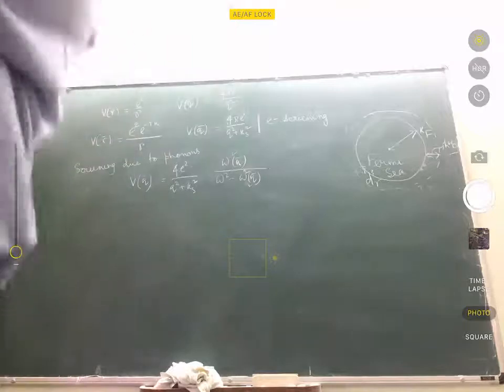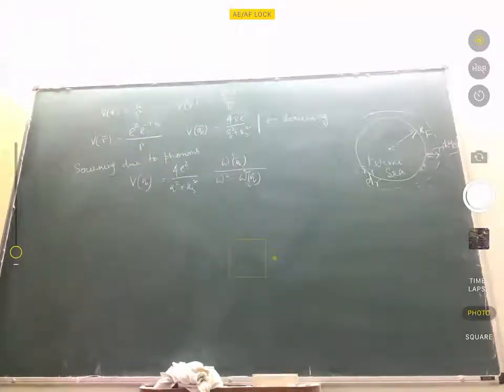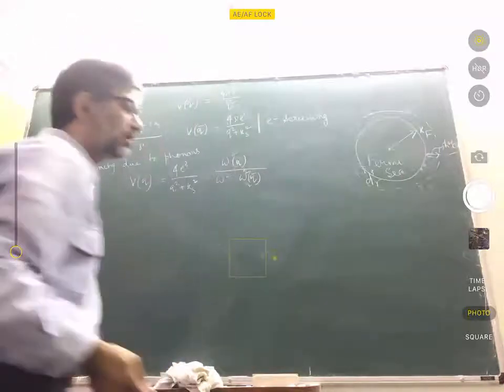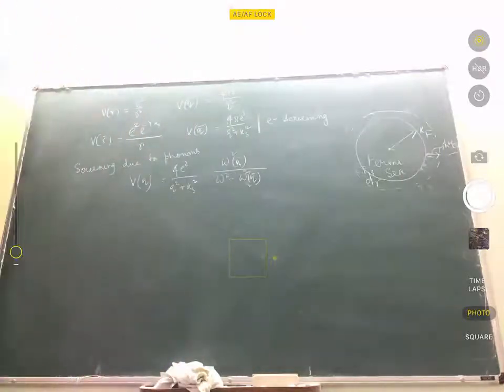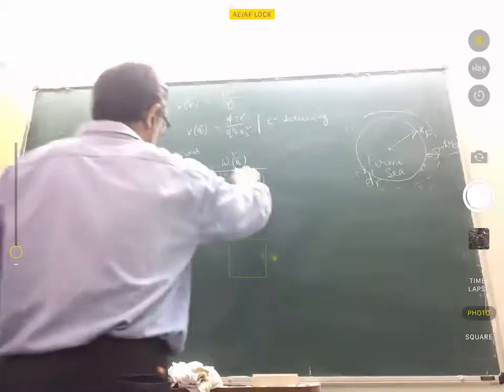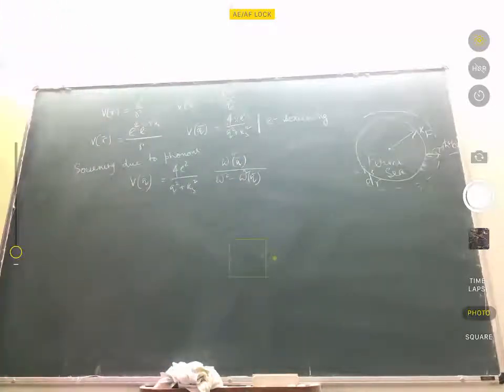So this is the sort of effect that you get, where omega is the frequency corresponding to the energy difference between the two electrons that are interacting. And this is the energy or the frequency of the phonon at that wave vector q.